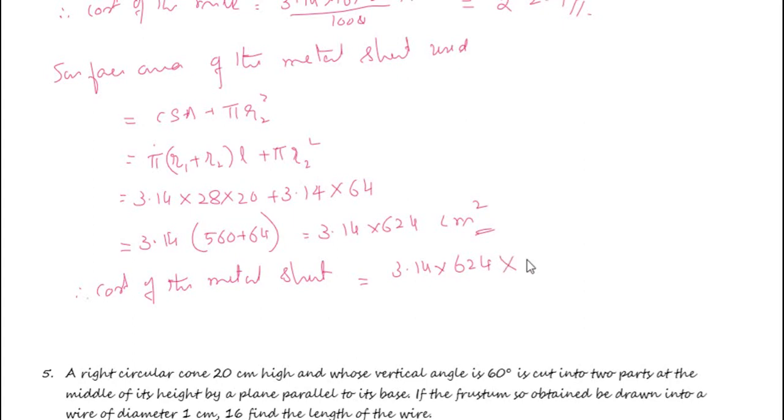So into 8 per 100, so divide by 100. Now if you simplify this, we will get 156.75 rupees. This is the cost of the metal sheet used in preparing this container.